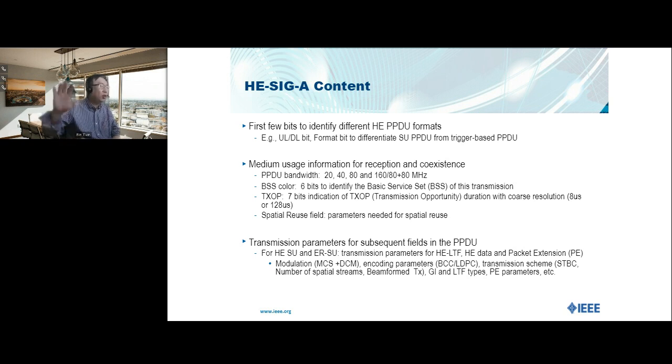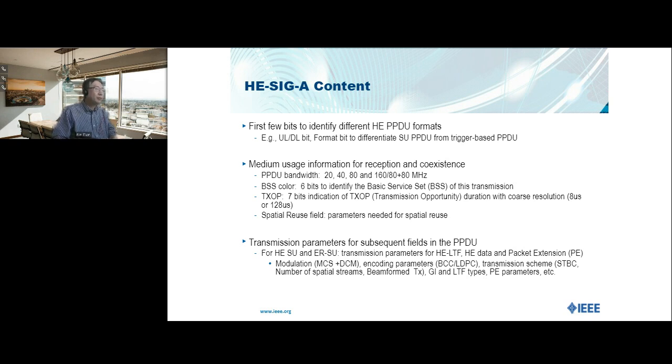There's a huge table there about HE-SIG-A content for different packet formats. But here, I just want to summarize at a high level what this field is about. The first few bits help to identify the different HE PPDU formats. For example, we have uplink and downlink bits that tell you which direction this packet goes. It has a format bit to differentiate SU PPDU from trigger-based PPDU.